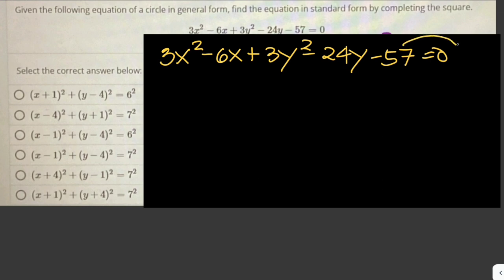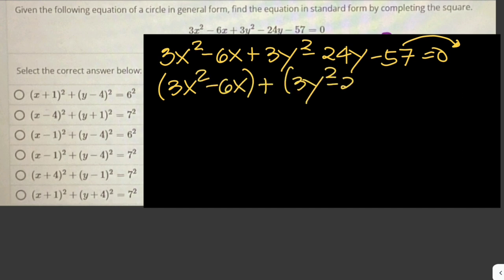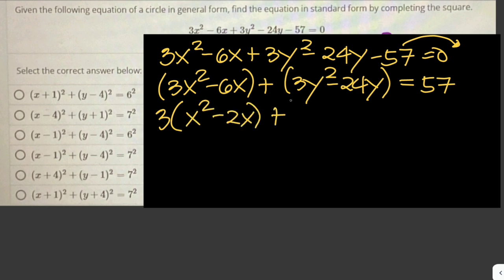Again, we transpose negative 57 here, and then we group. Then we factor out 3. Okay, then we can complete the square.